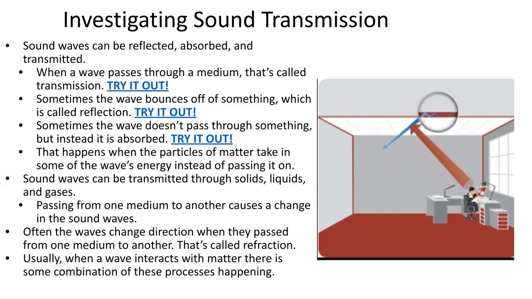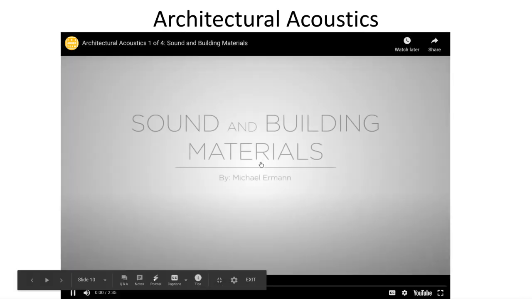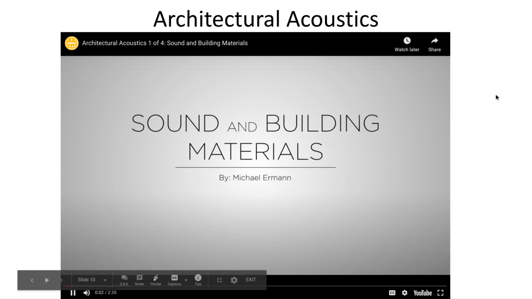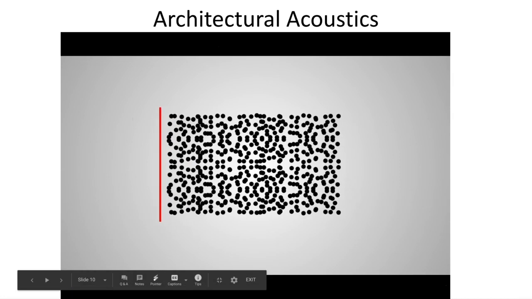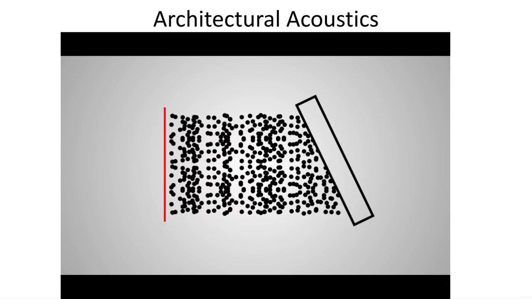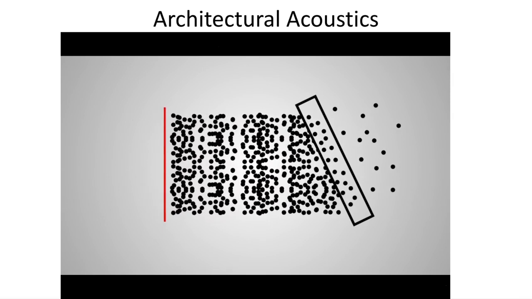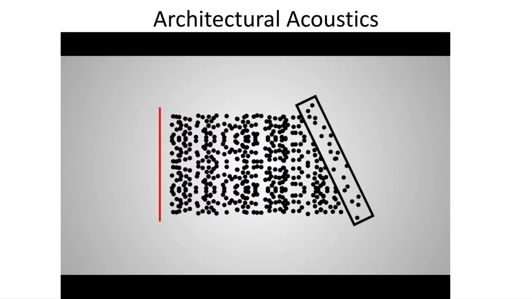Okay. So let's look at architectural acoustics. When sound impinges on a surface, like that found on a building's interior, some of the energy passes through. Some of the sound energy is absorbed and reassigned as heat within the material.